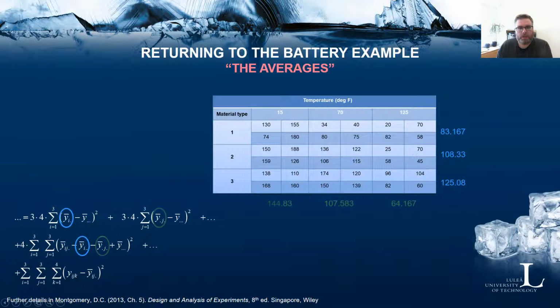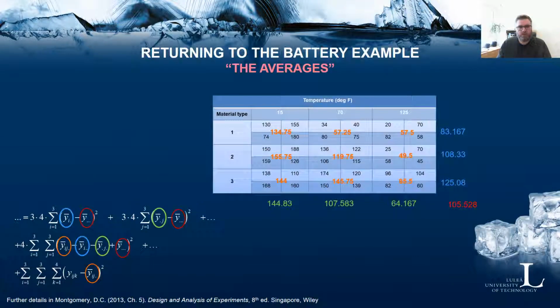We can calculate column averages, we can calculate cell averages, and we can calculate a total average also. And of course we also need the individual observations, in order to calculate the total sum of squares and divide it into these parts.